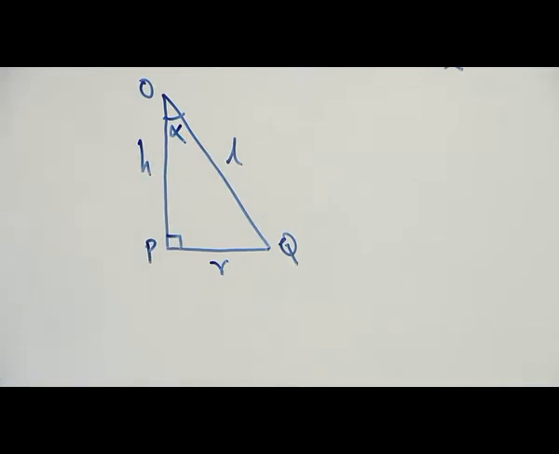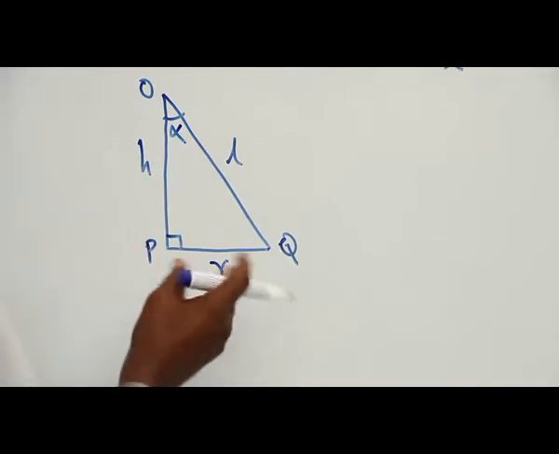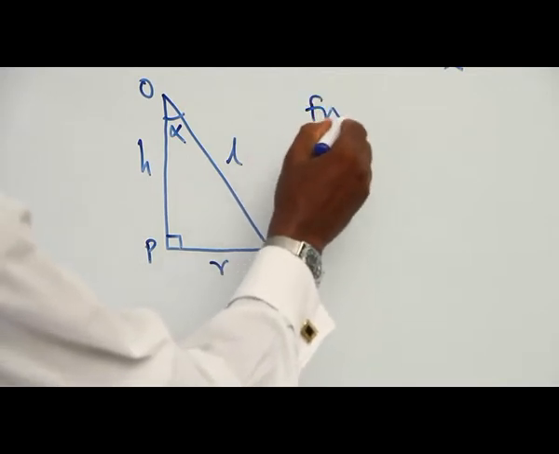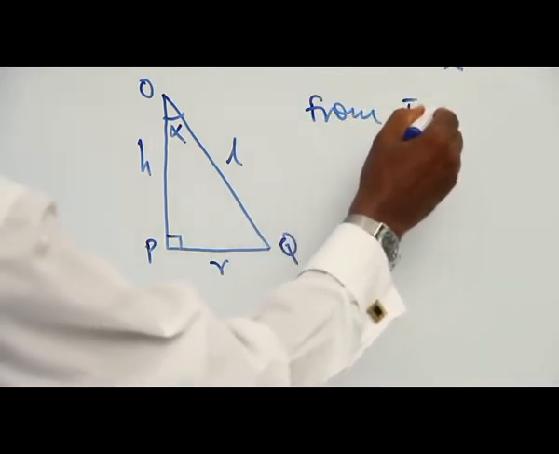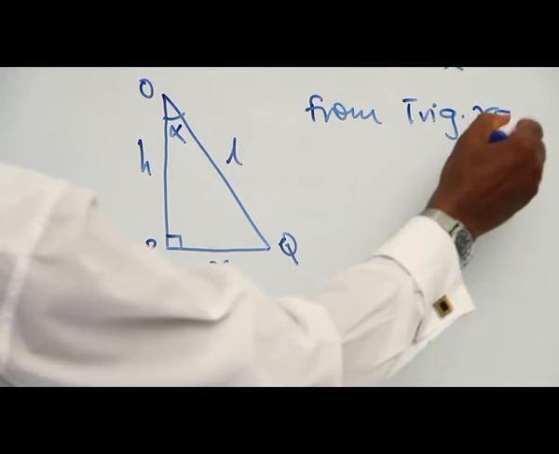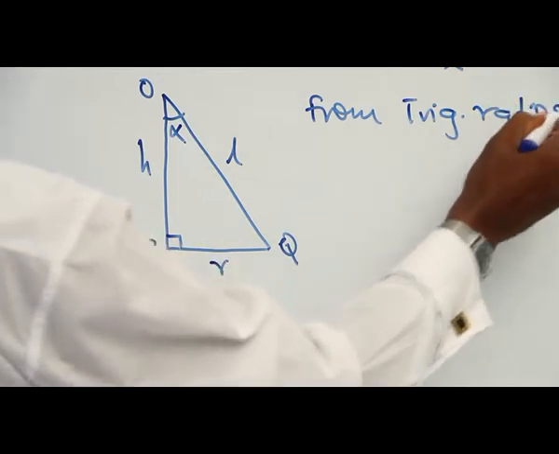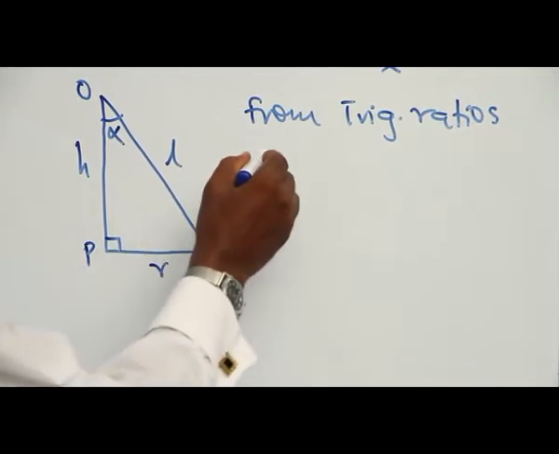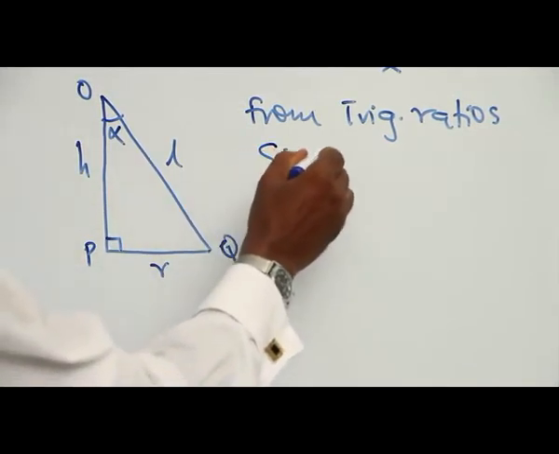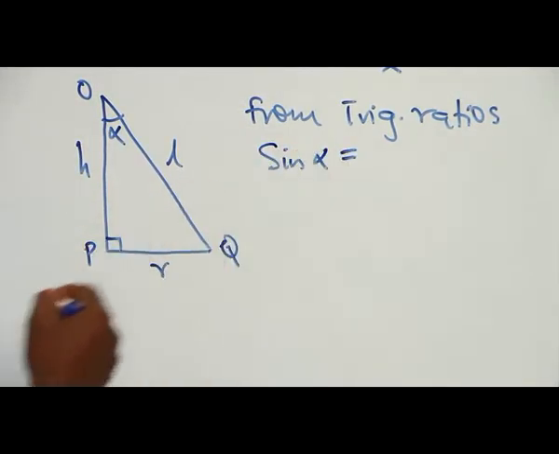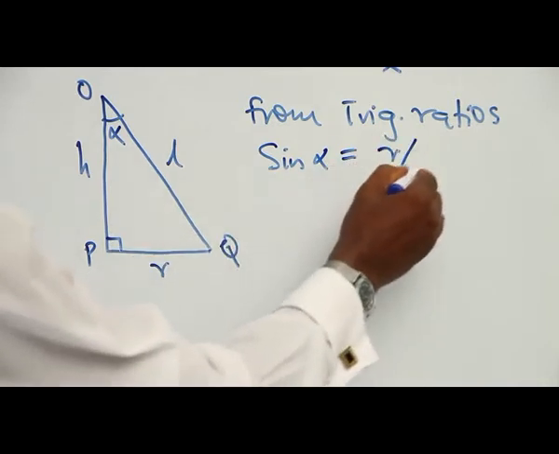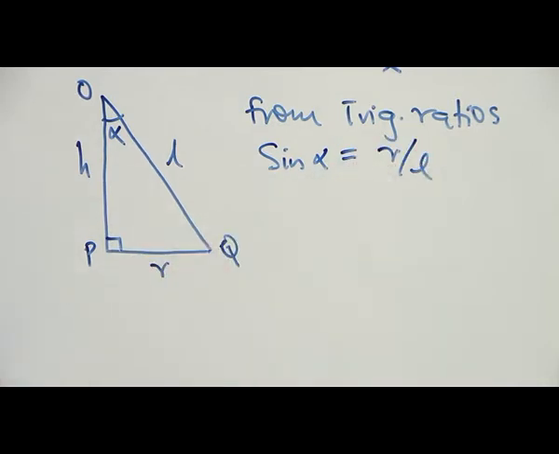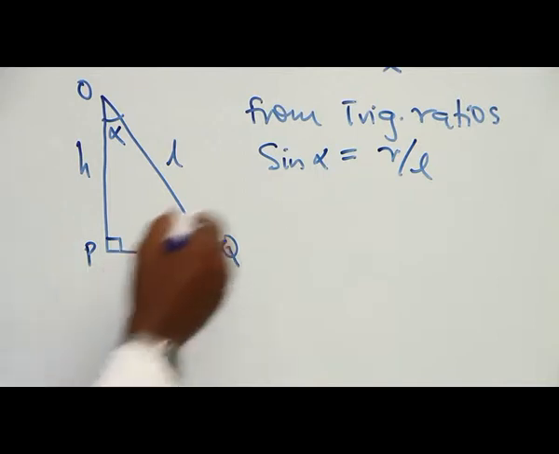For what we have, using trig ratios, trig means the short form of trigonometry. From trig ratios, we have that sine of alpha is equal to R over L, opposite over hypotenuse.